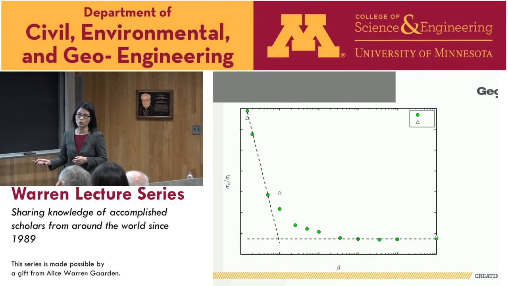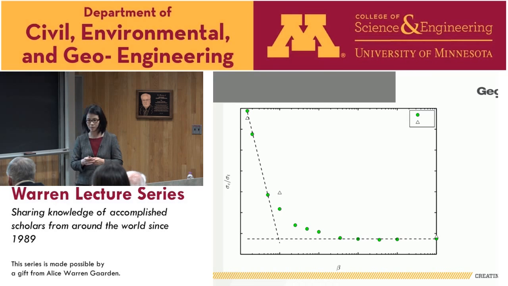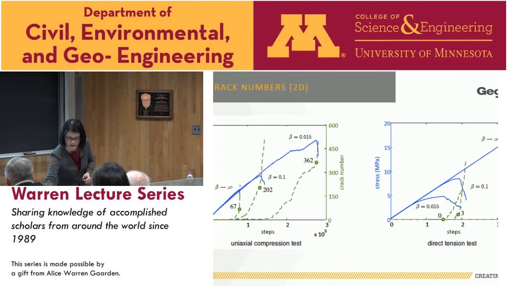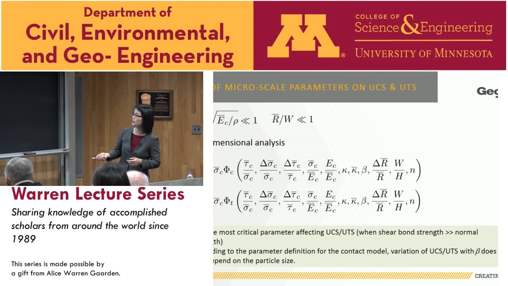If you change, for example, the stiffness ratio or the bond strength over stiffness ratio, this will change, of course, slightly. But hopefully for the materials we are dealing with, like concrete and rock, this parameter won't change that significantly, and therefore the curve I got, we can actually extrapolate.